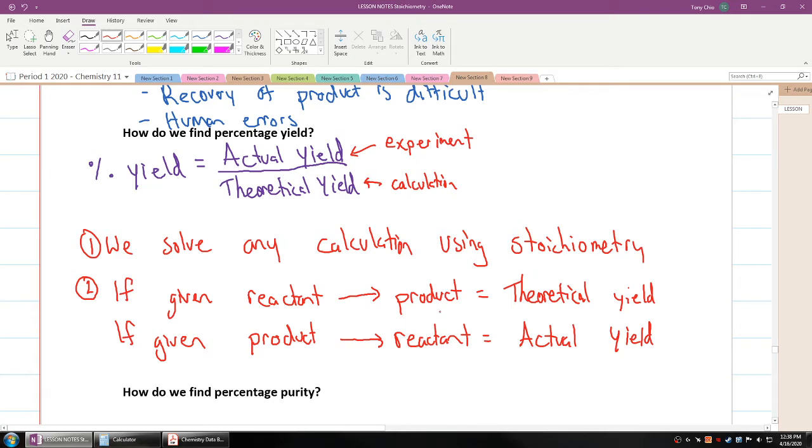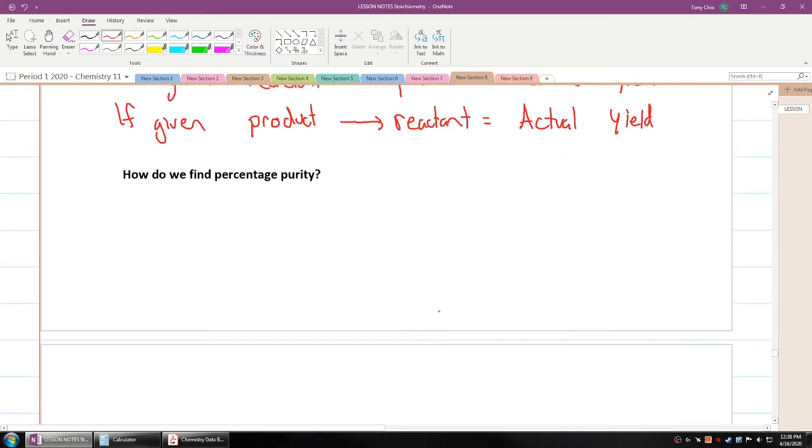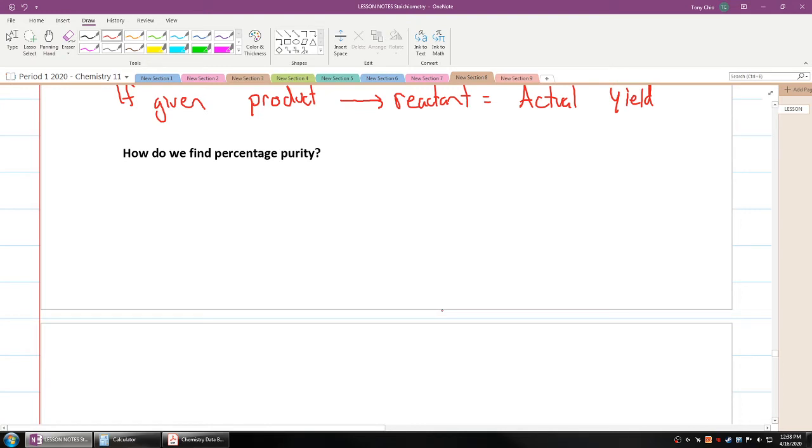Okay, how do we solve for percentage purity then? Is it similar to percentage yield? And the answer is yes. It's exactly the same, just different terms. Because now if we talk about percentage purity, this is equal to pure product or pure chemical over impure chemical.